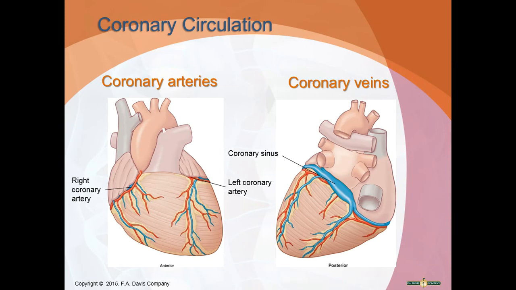The coronary arteries deliver oxygenated blood to the myocardium. Cardiac veins collect deoxygenated blood. The right and left coronary arteries arise from the ascending aorta.